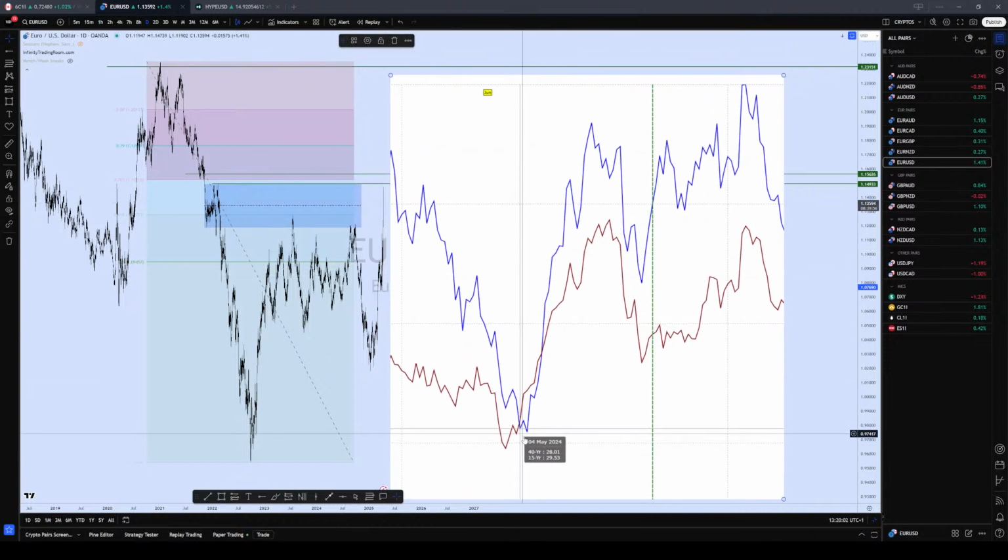Okay, so that's 4th of May, and then we see a big rally. Okay, so what I'm anticipating now is that they might trade into discount. The dollar index might trade into discount. We are already in discount, but like I said, it will go further down.